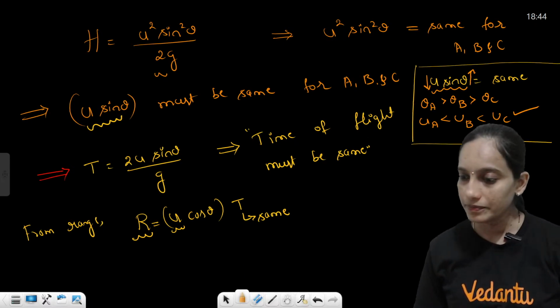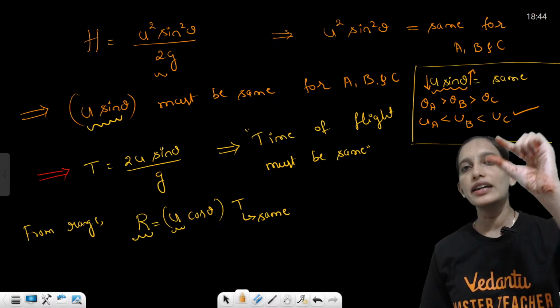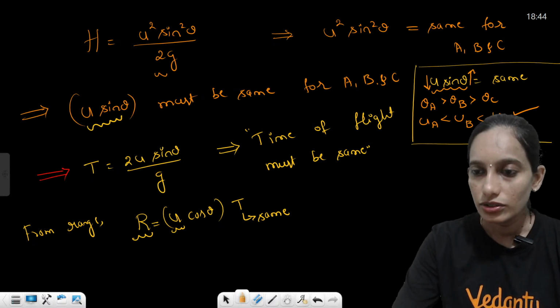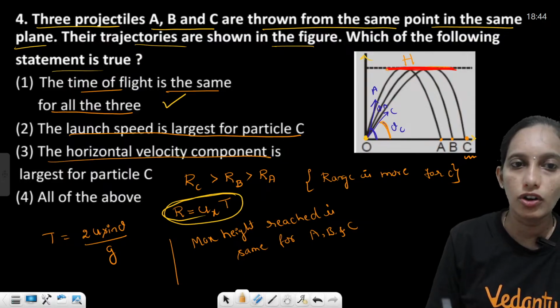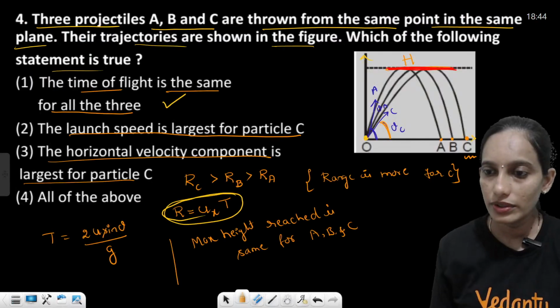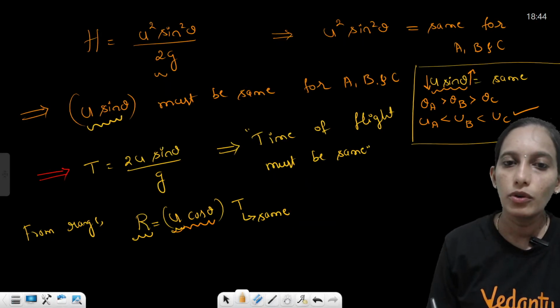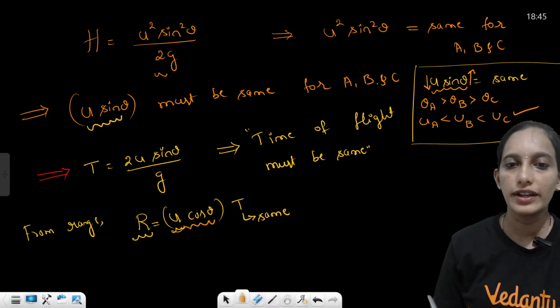Hope you agree. Okay, got the logic? Whichever quantity is the same, keep comparing using that equation, then only you can arrive at it. Next point: the horizontal velocity component is largest for particle C. Horizontal component means ux. The more the range, the more is the ux.